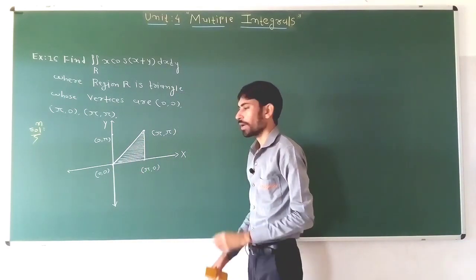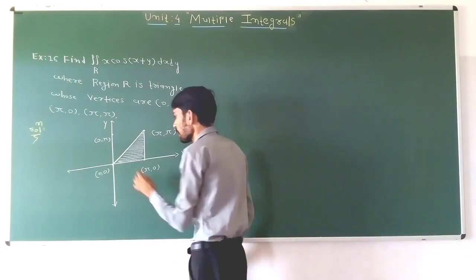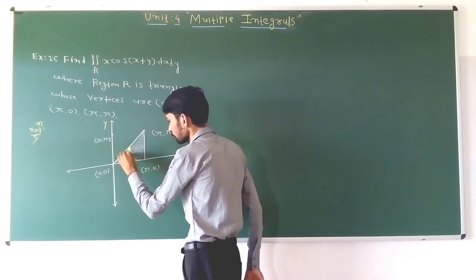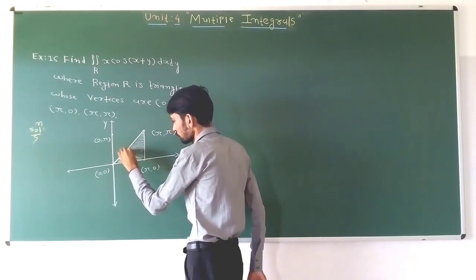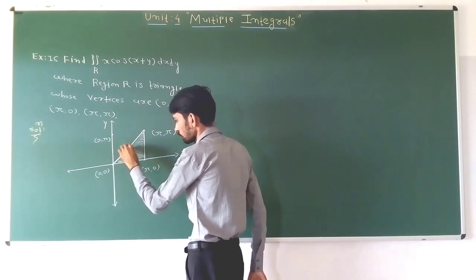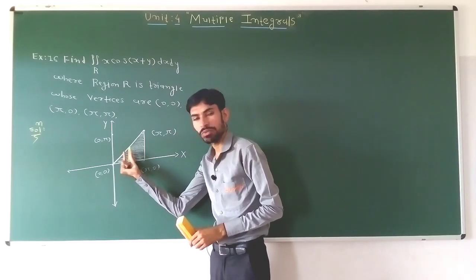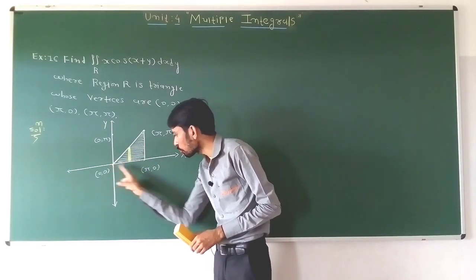Now to find the limits, we draw a vertical strip in our region. This vertical strip runs in the region on the x-axis from 0 to pi.